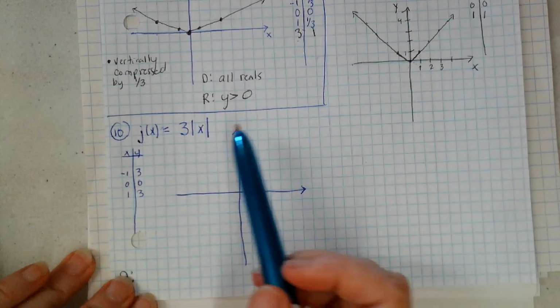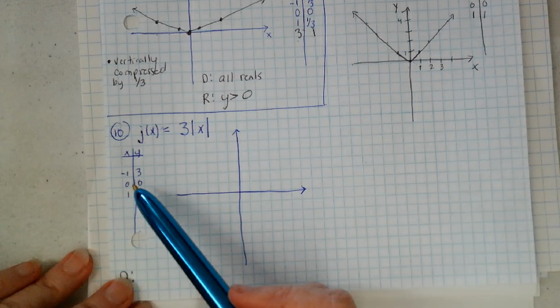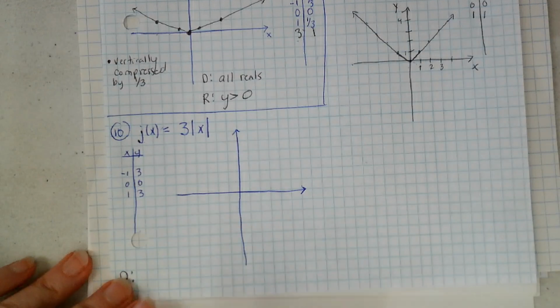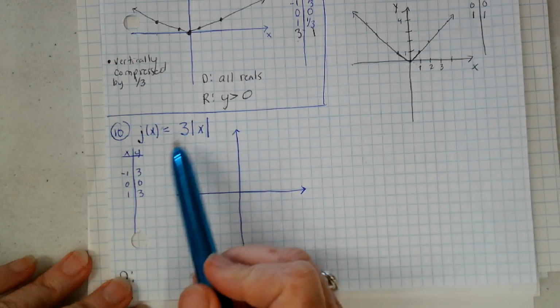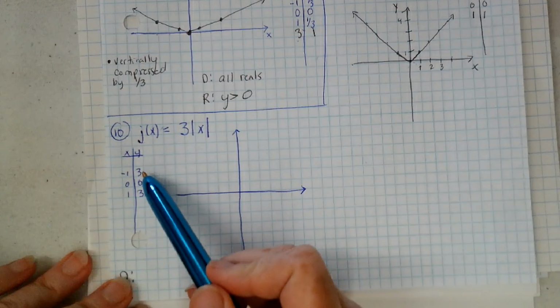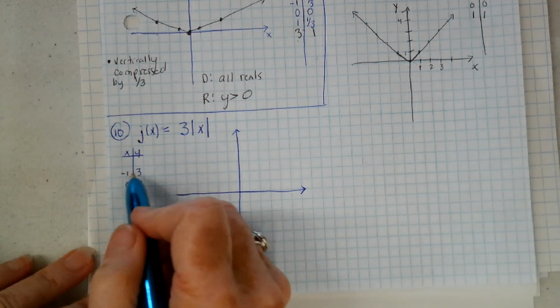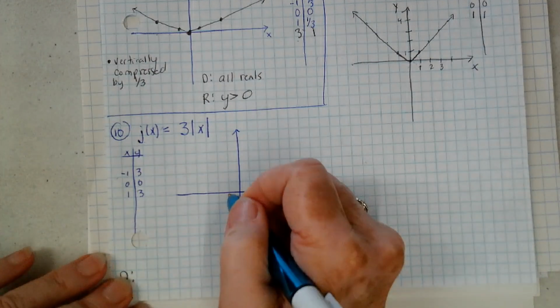But even if you don't know what shape it is, you can always plug in a point. The easiest points to plug in are -1, 0, and 1 because they're easy to calculate with. The absolute value of -1 is 1, and 1 times 3 gives me 3. So I can plot a point at -1, 3.